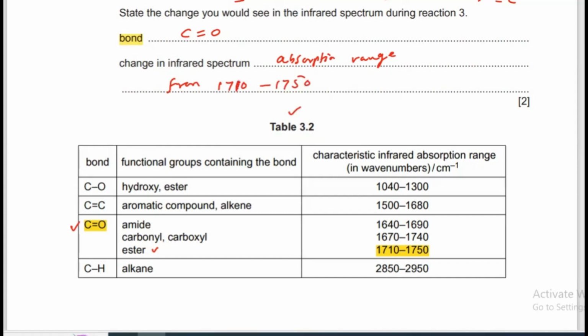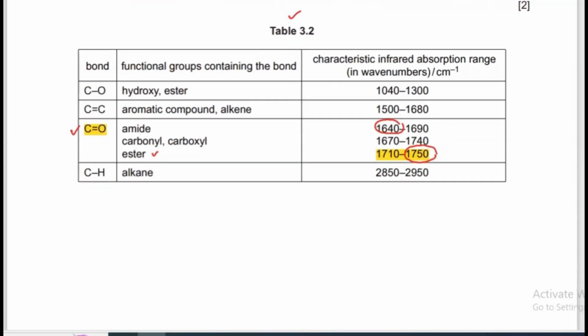So this is the absorption range. You can use the whole range of this. You can start from here, 1640 to 1750. This is also okay. But more specifically, this is correct because you are getting the ester, so you have to specify the range as 1710 to 1750. That's better. Okay, now look at the next part.